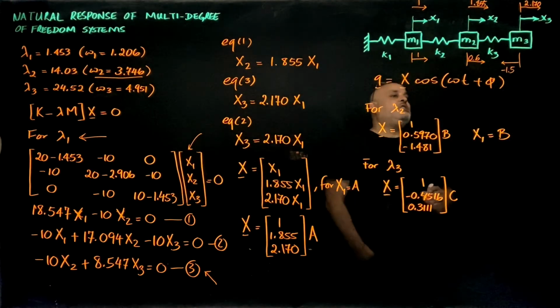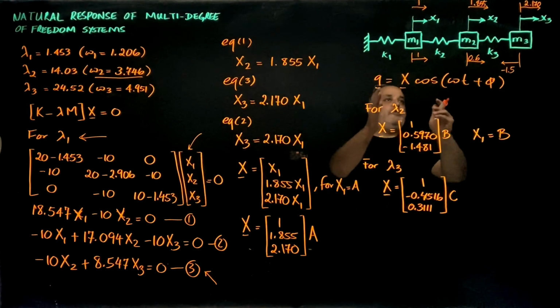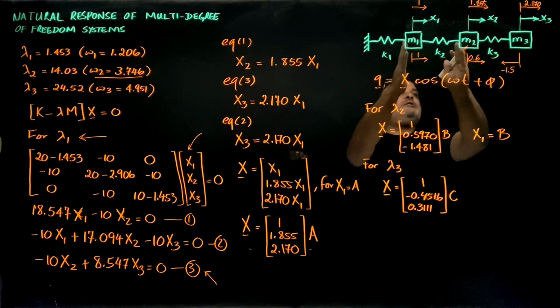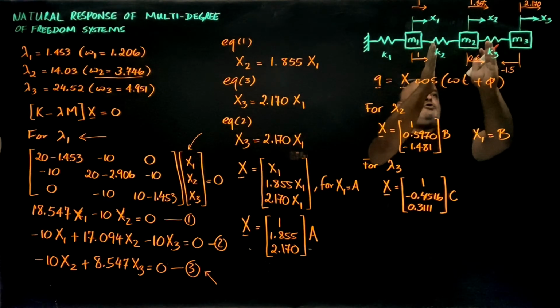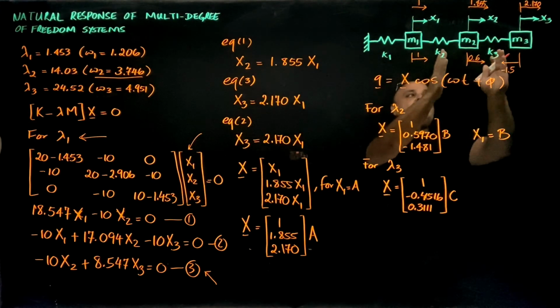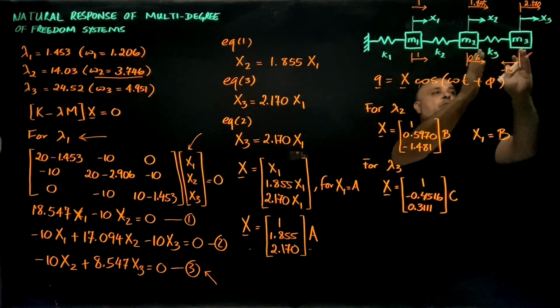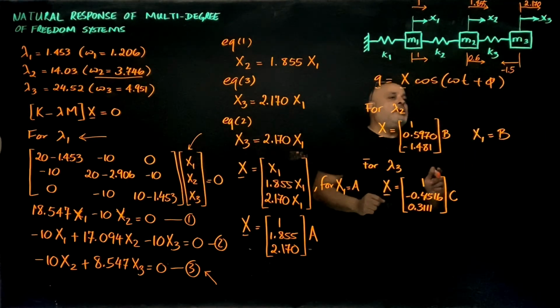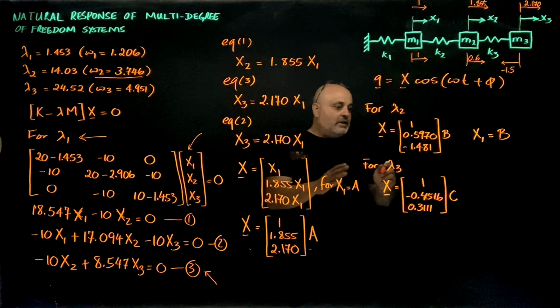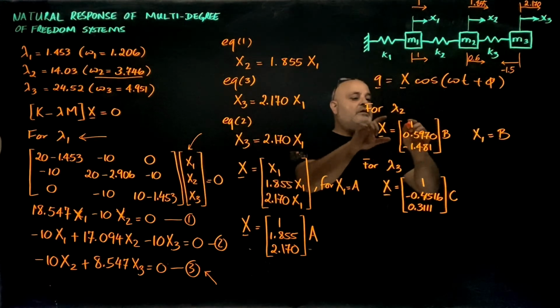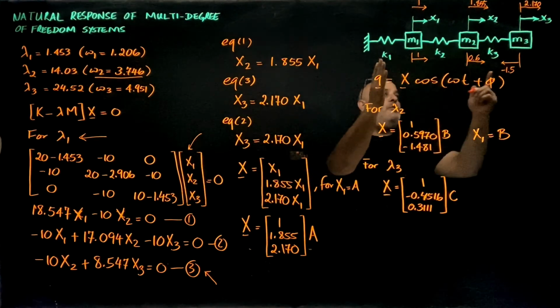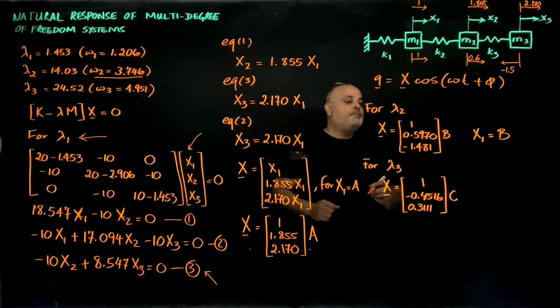1.5 approximately. So the shape of the motion will be that these two masses will be moving to the left, and mass 3 will be moving to the right. This is why, again, this is called the mode shape, the shape of the motion.